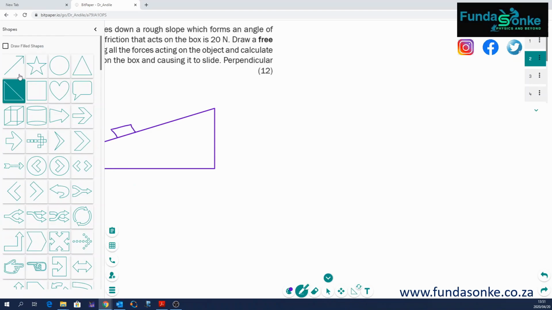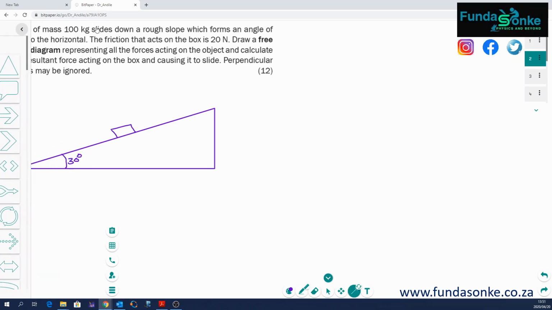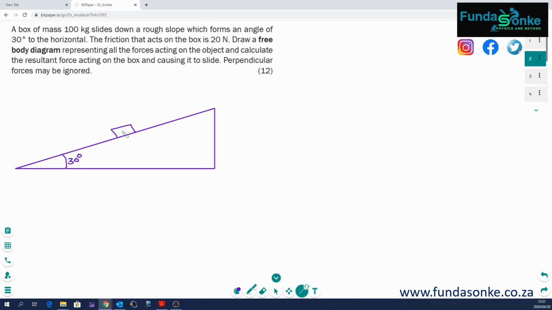Then associated with that mass is going to be a weight which acts vertically downwards due to the force of gravity, so we're going to call this Fg.